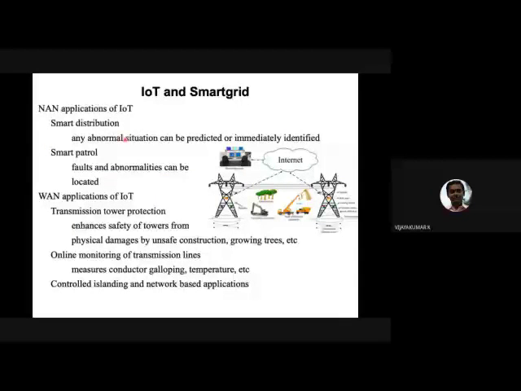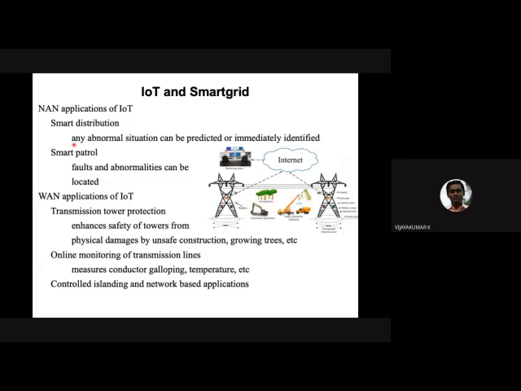When we come to the NAN, the neighborhood area network, here we have the distribution level network. In a distribution level network, we can forecast or predict an abnormal situation and act accordingly, because your grid is smarter.